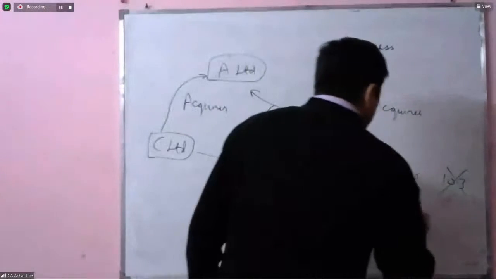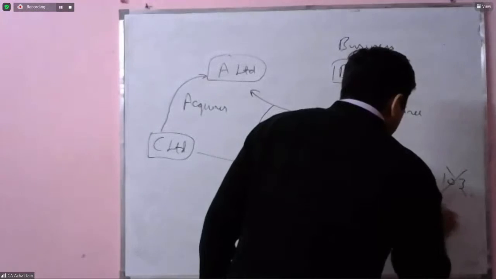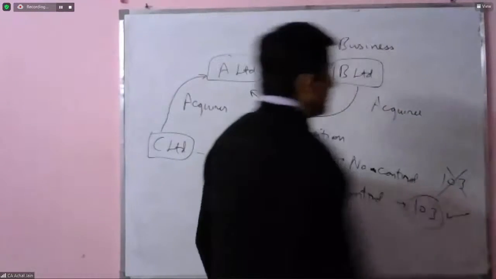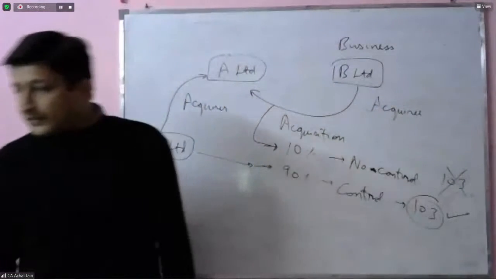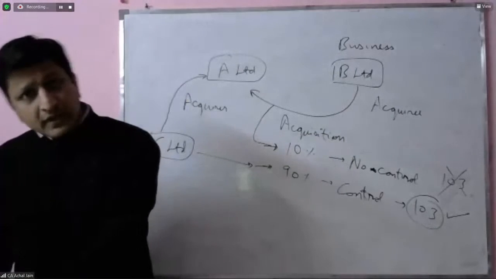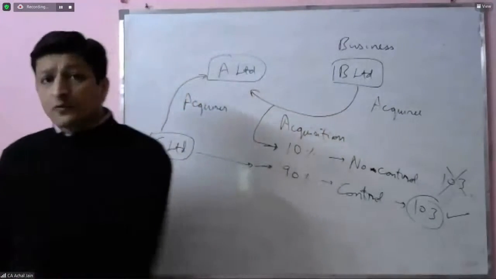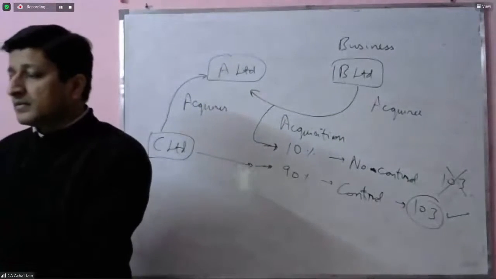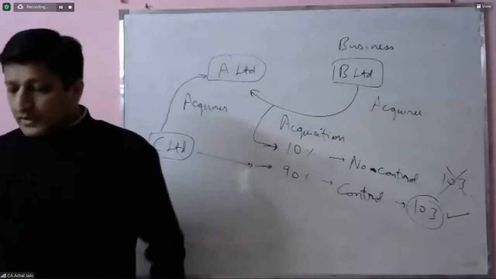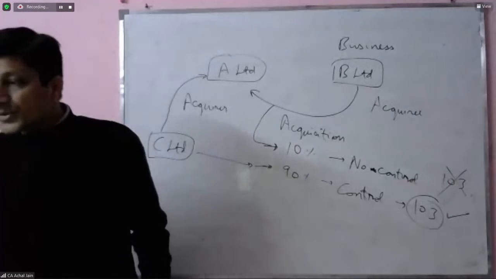In this case, Ind AS 103 accounting will be required to be done. Are you clear on the starting point as to when the accounting will start? All of you clear on this? Any questions from your side on this point?